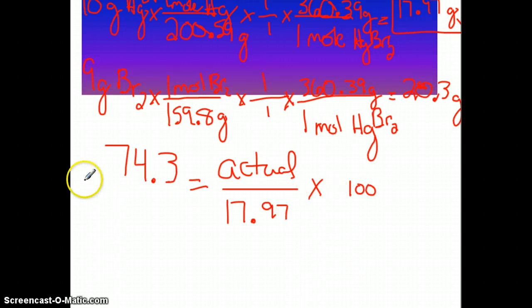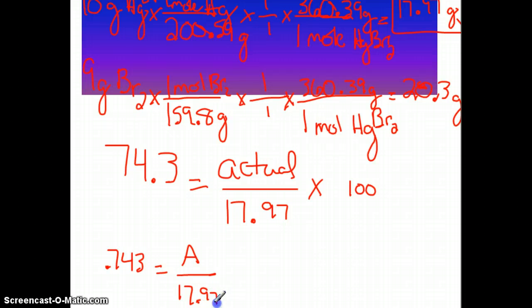So we're going to divide by 100 first, and that gives us 0.743 is equal to actual, which I'm going to abbreviate as A, over 17.97. Then you cross multiply these two, and that tells you that the actual yield is 13.4 grams. So that's how much you actually make of the HgBr2.